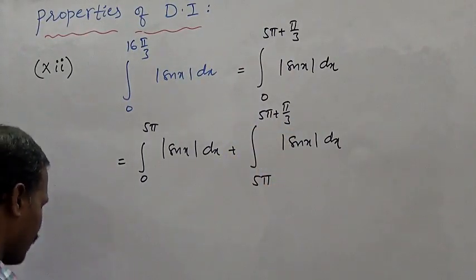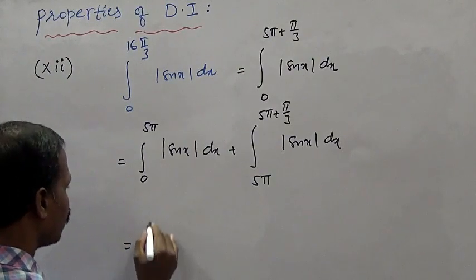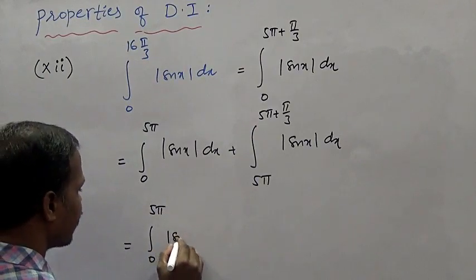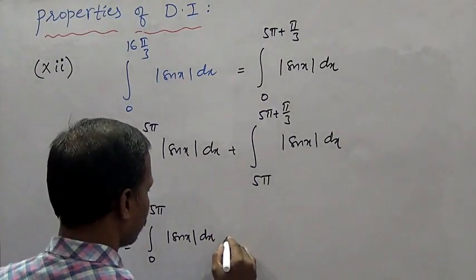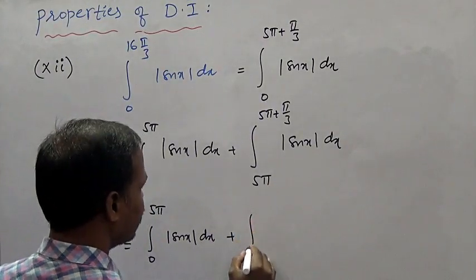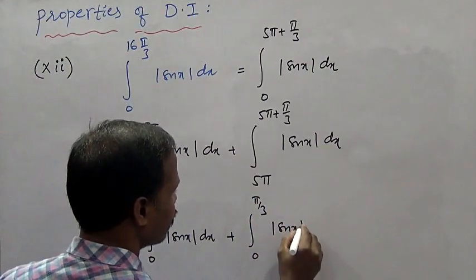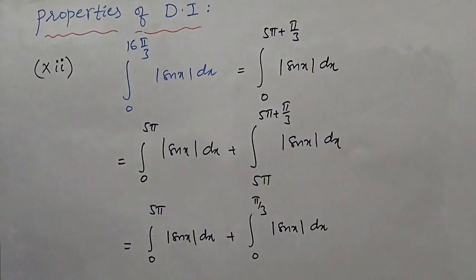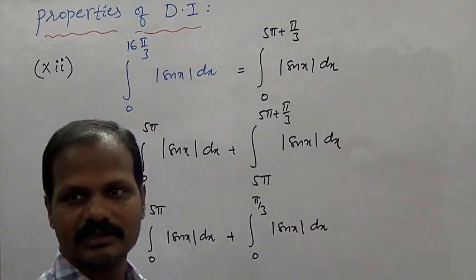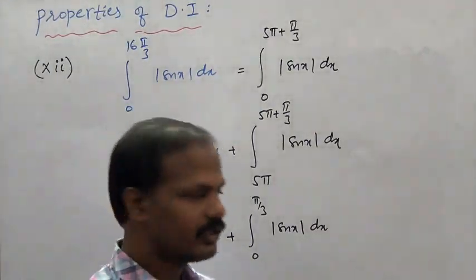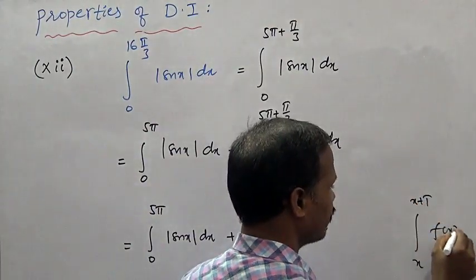Now this is nothing but the integral from 0 to 5 pi of mod sin x dx plus the integral from 0 to pi by 3 of mod sin x dx. This property is regarding the integral from x to x plus t of f of x dx.